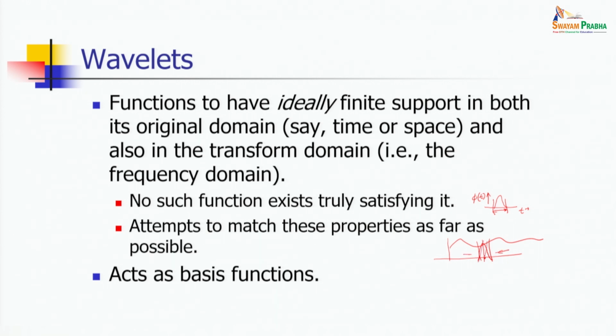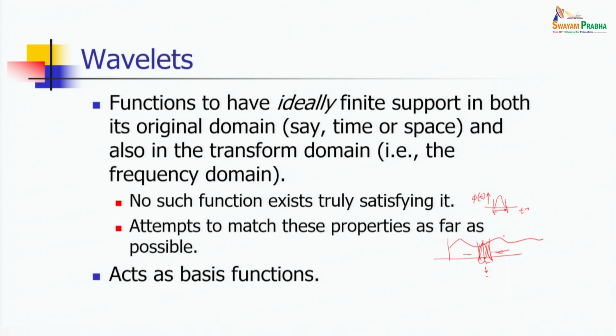The accumulated product of these two functions gives me a coefficient. Now you translate this over the space and you get these coefficients. So, this is a kind of transform description.